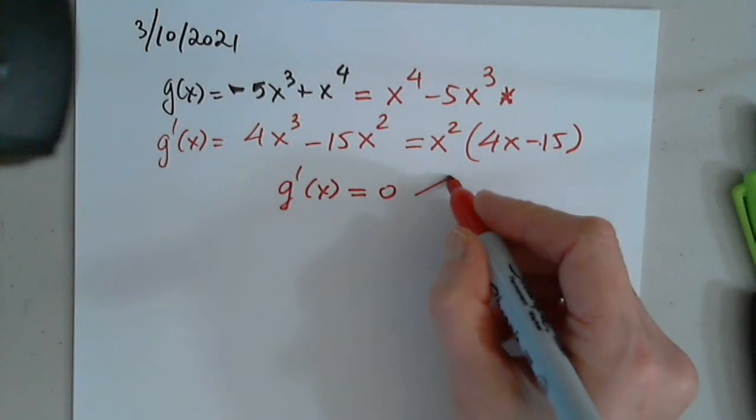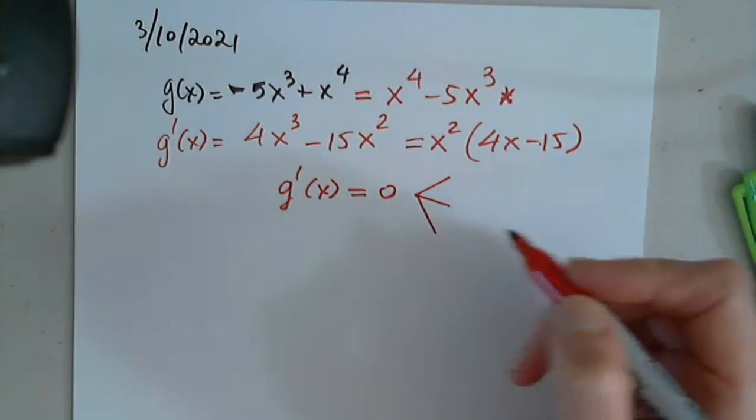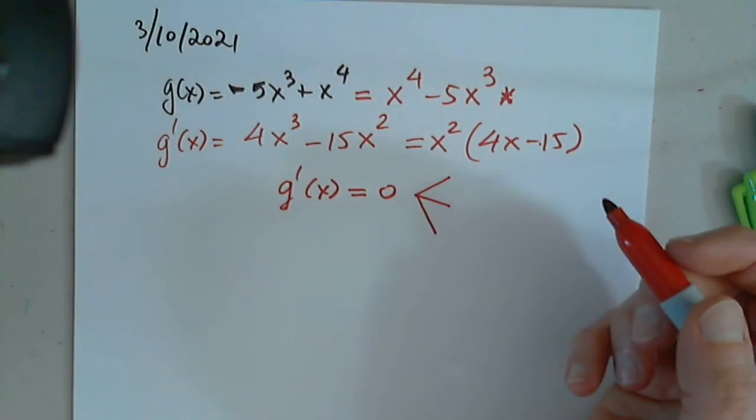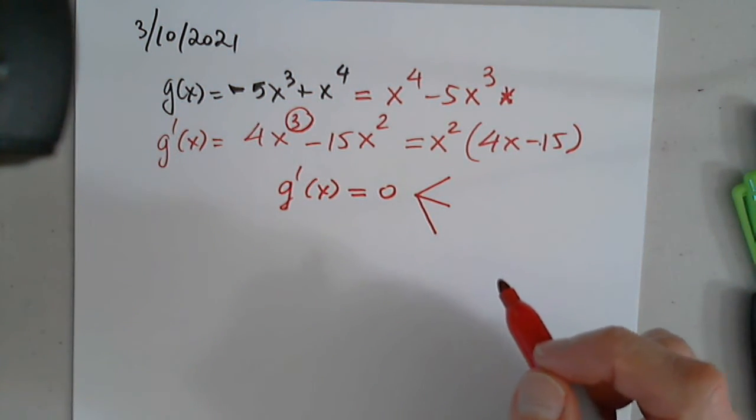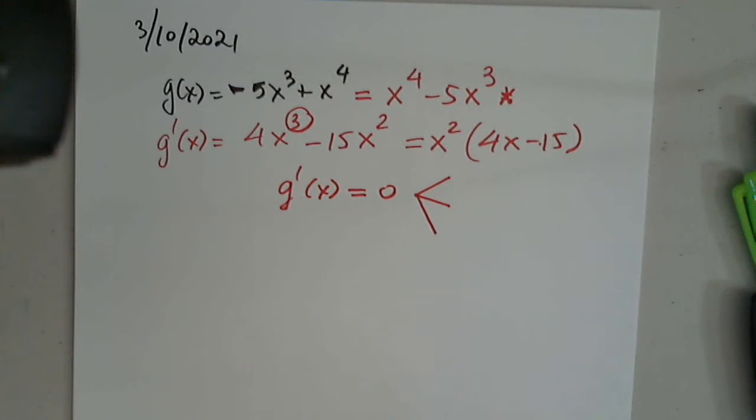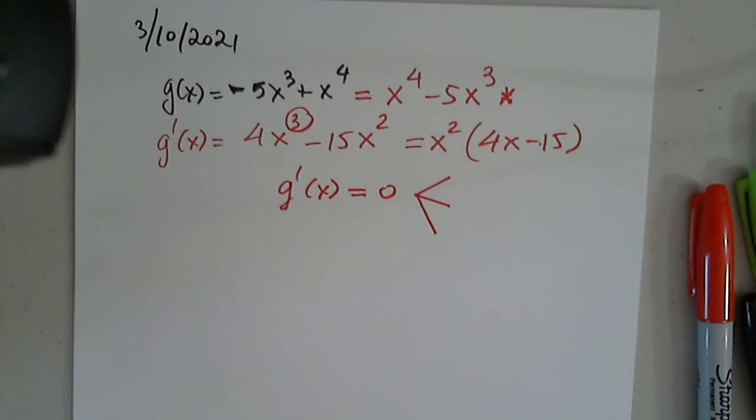If g prime of x is 0, I have to present 3 solutions. Why 3 and not 4 or 10? Because the degree is 3. So can anyone give us those solutions? This is algebra. This is a long time ago.